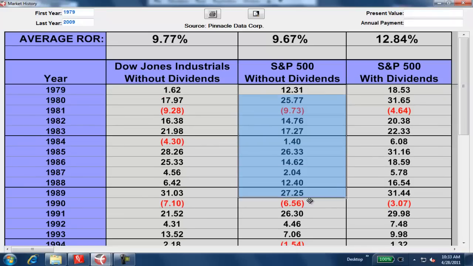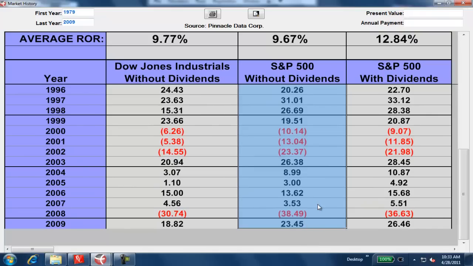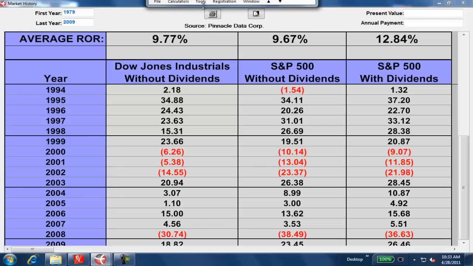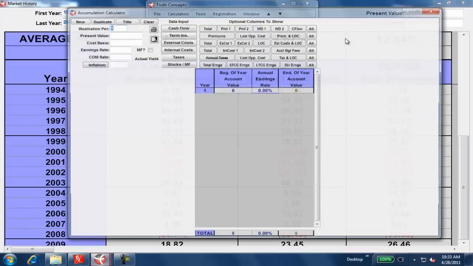What I'd like to do is just copy and paste all of the returns from 1979 to 2009 into a calculator that's going to show the real rate of return of this index. So let's go to a calculator here called accumulation.